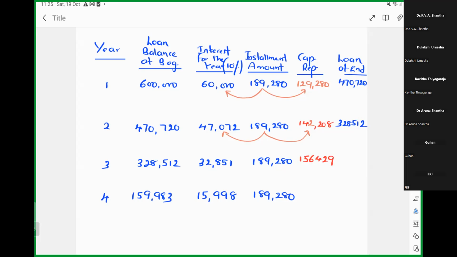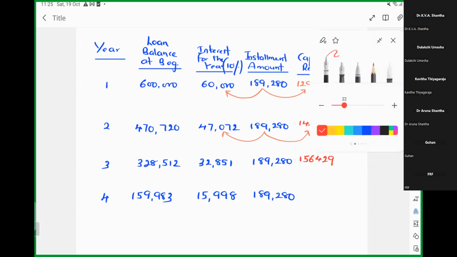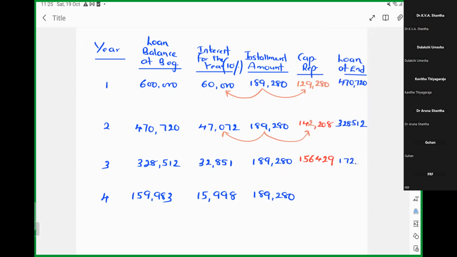Now, have you got these answers? So repayment 172.72.